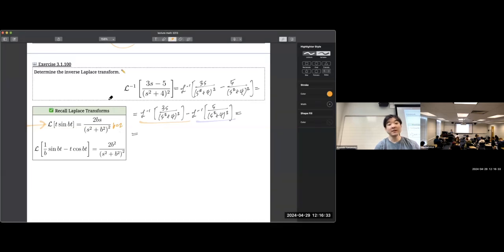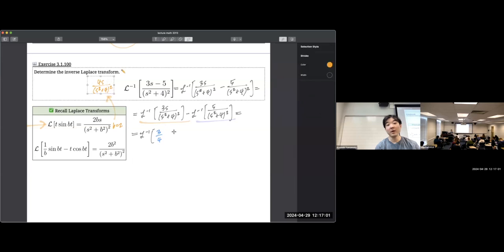Now, if you used b equal to 2, then it will be 2 times 2, which is 4s over the s squared plus 4 squared. But what we have here is 3s over s squared plus 4. So you have to, yeah, exactly. So you're going to say the inverse Laplace transform of, I'm going to compensate for that by multiplying by 3 to force the top to have 3, and then divide by 4 so that the 4 goes away.